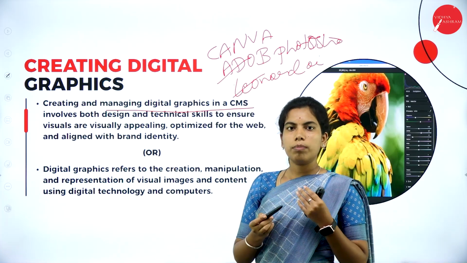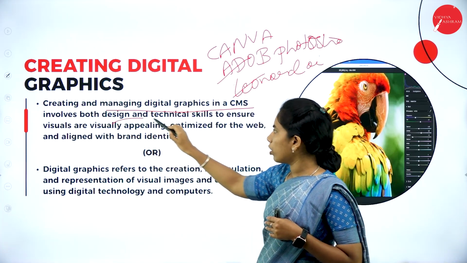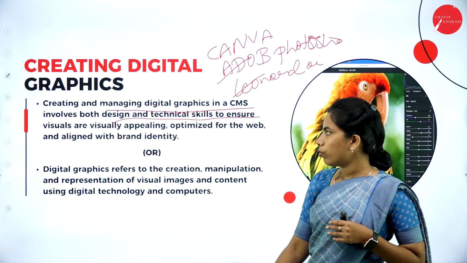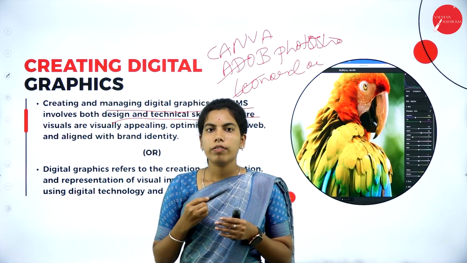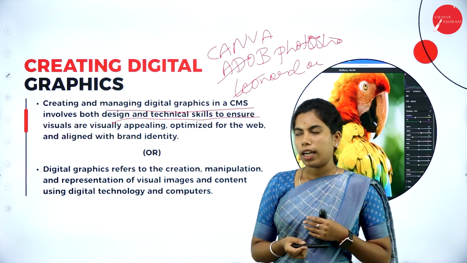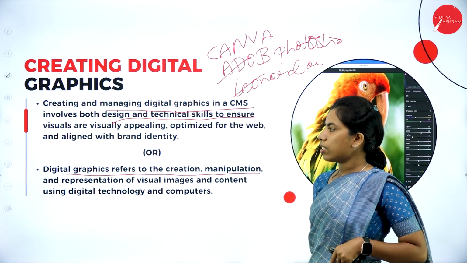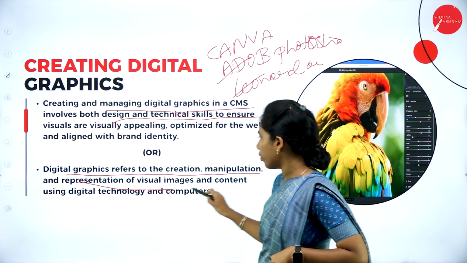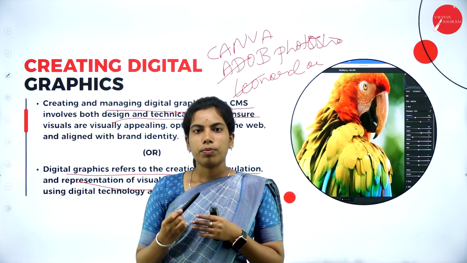You have to pay some money to upgrade the plans. And also here you can see both design and technical skills for visuals. So if I have an editing skill, we can get a career opportunity, right? Digital graphics refers to the creation, manipulation and representation of visual images with the help of some online platforms.